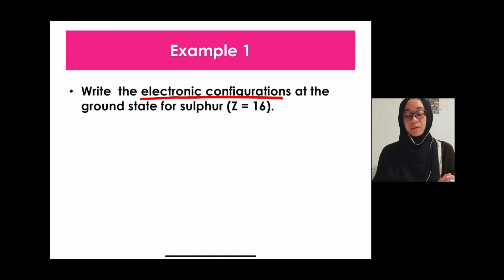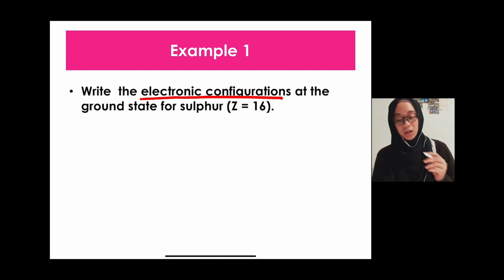Tapi kalau soalan specifically minta write the orbital diagram untuk sulfur, therefore it has to be in orbital diagram. Kalau kamu buat SPDF notation, then your answer would be wrong. So same goes to kalau soalan minta write the SPDF notation, tapi kamu bagi orbital diagram, itu adalah salah. Tapi kalau dia bagi secara general write the electronic configuration for sulfur, therefore you can choose either one.